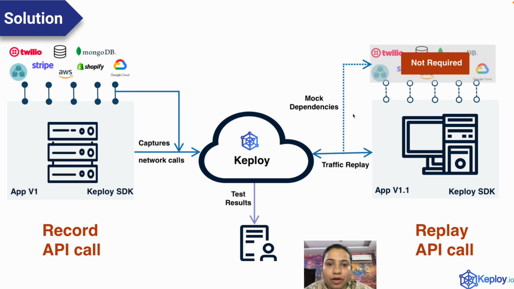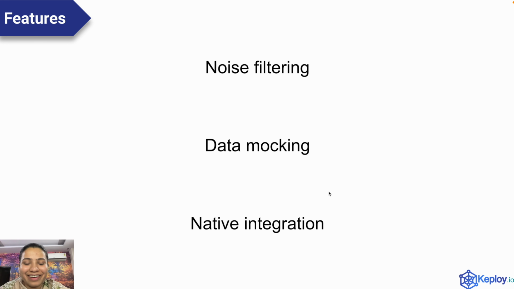And whenever your new version of the application is going to return a response, Keploy is going to match that from the expected response and going to highlight what all impact areas are there, if any. Yeah, so that's how it works in simple terms.